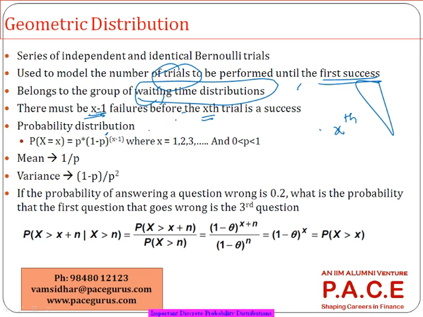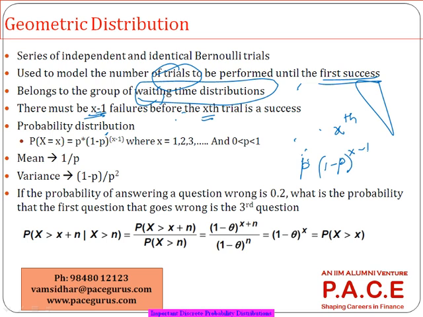Now you can write it in the Bernoulli form. So what we are saying, probability of success, there is only one success. You are performing the experiment x times. There is only one success, so we are writing it as probability of success into probability of failure to the power number of failures.